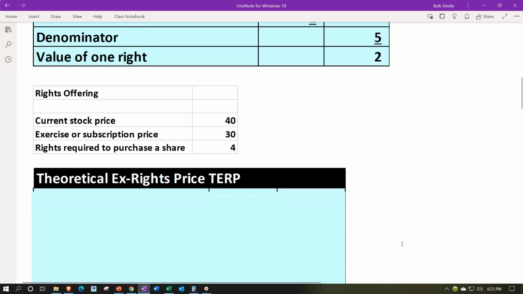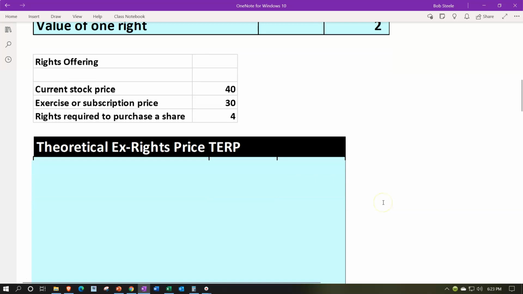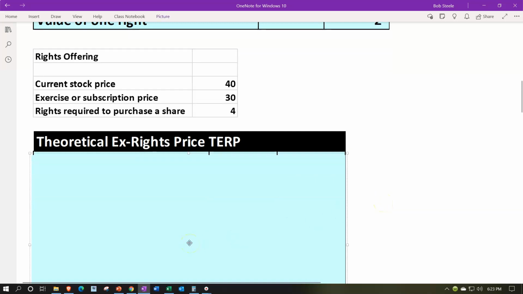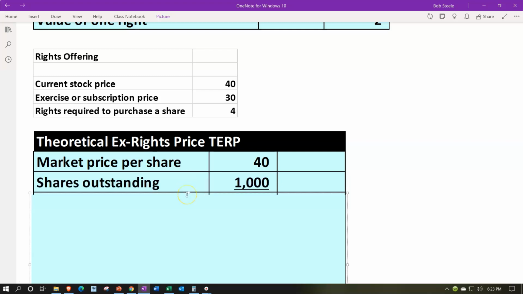We can get to a similar type of calculation if we think about the aggregate, the total, by looking at the theoretical ex rights price, sometimes called the TERP. This is one way to think about what's going to happen in aggregate. If the market price per share is $40 before this whole thing takes place, and the shares outstanding are 1,000, we're just going to imagine 1,000 shares outstanding for our practice problem.